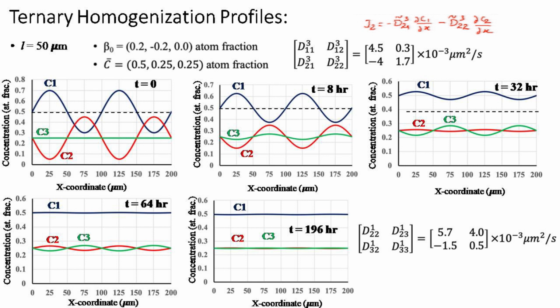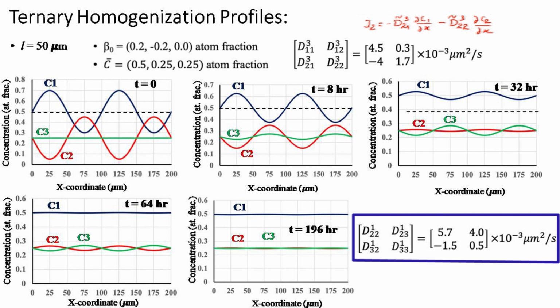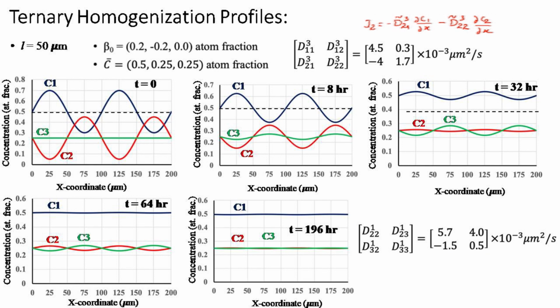Now, to understand those interactions, I need to convert this matrix. This matrix is represented with component 3 as dependent. I can convert it to a matrix with component 1 as dependent, because we want to analyze 2 and 3. If I convert it to component 1 as dependent, this is the matrix that we get, and what we see is that D32 is much higher than D33.